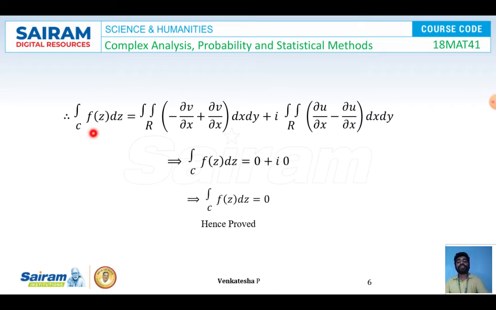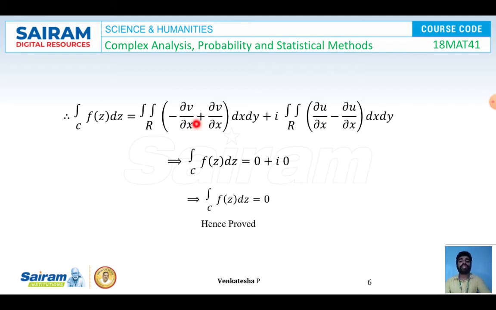The integral over C of f(z) dz is equal to the double integral over R of (minus ∂v/∂x plus ∂v/∂x) dx dy plus i times the double integral over R of (∂u/∂x minus ∂u/∂x) dx dy.